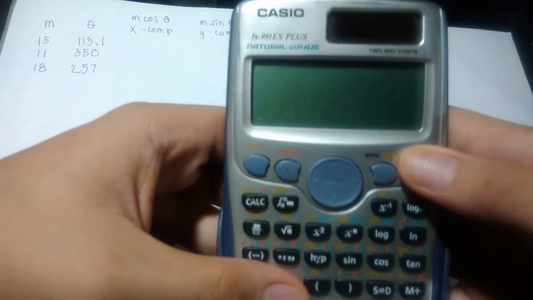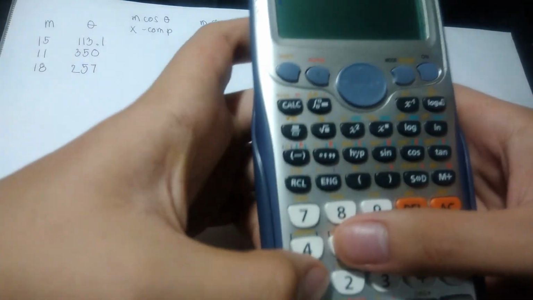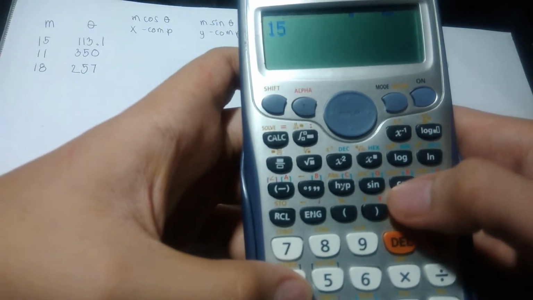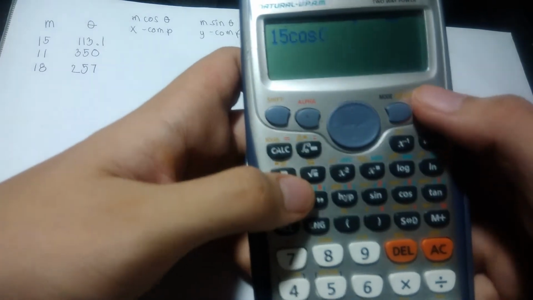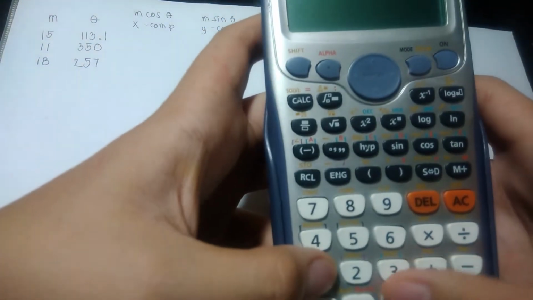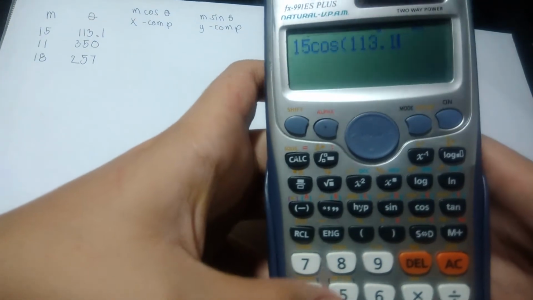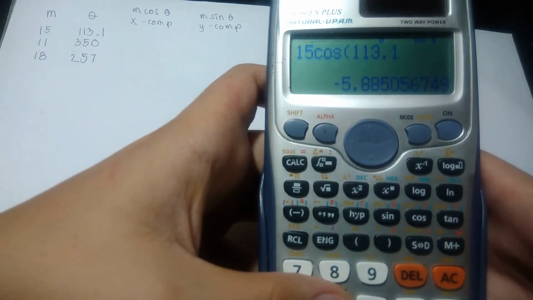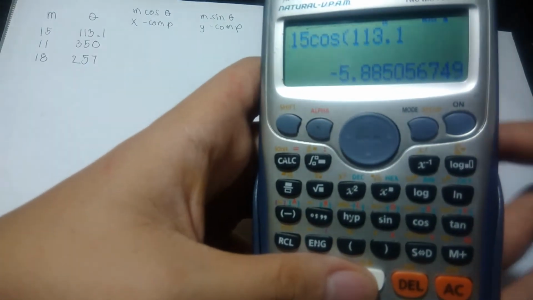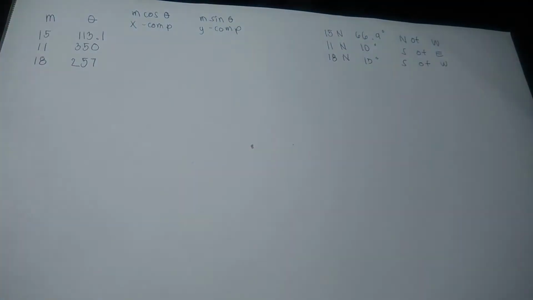So the m is 15, cosine 113.1. The answer is negative 5.89. And so the process is repeated for the others.